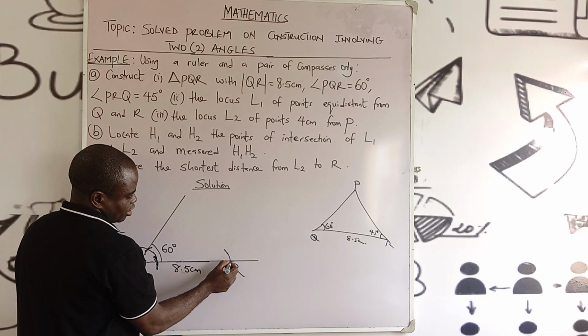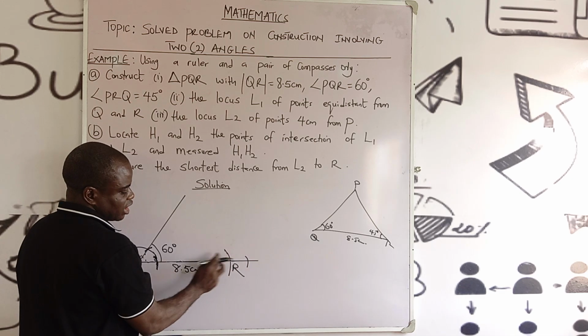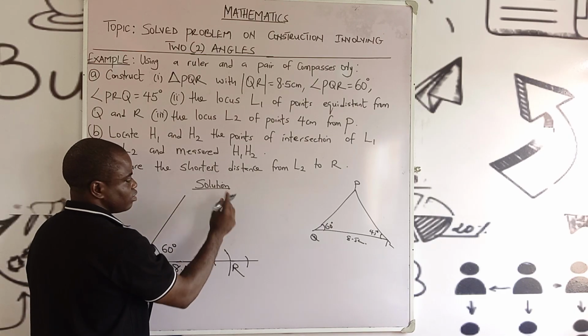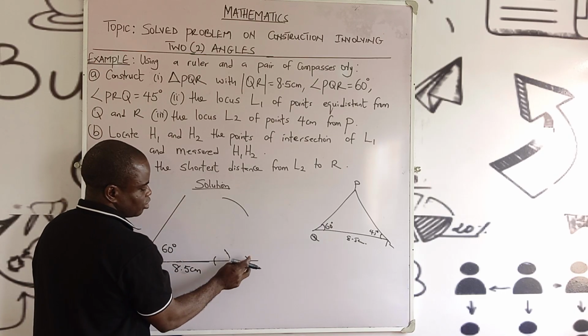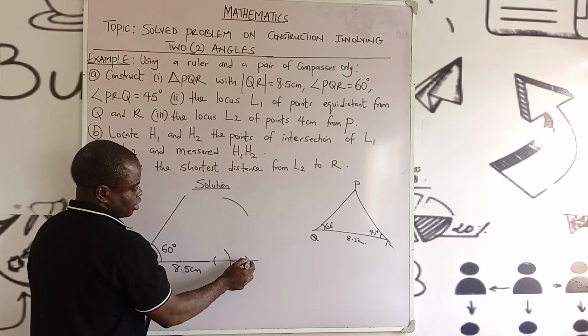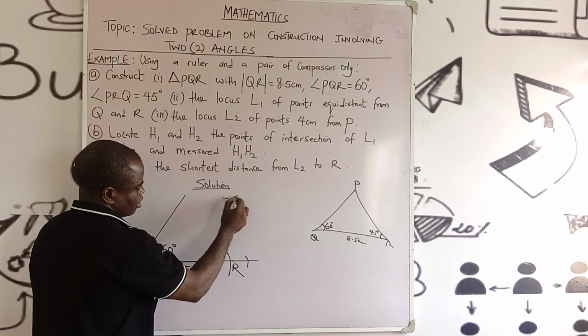Bring your compass here. You bisect the other side with the same radius. You bring it here. You bisect. You extend the compass now to any radius. Bisect with the same radius that you bisect this point. You bring it here. Bisect likewise. Okay.